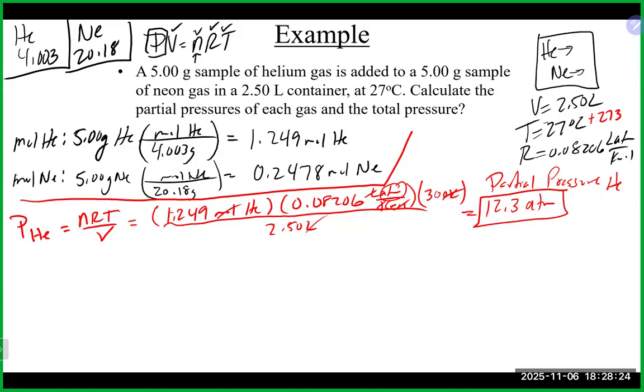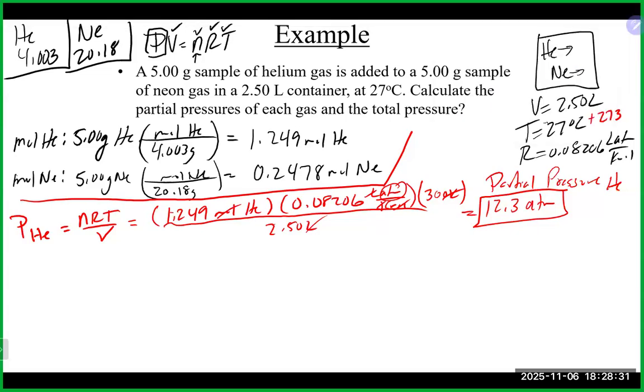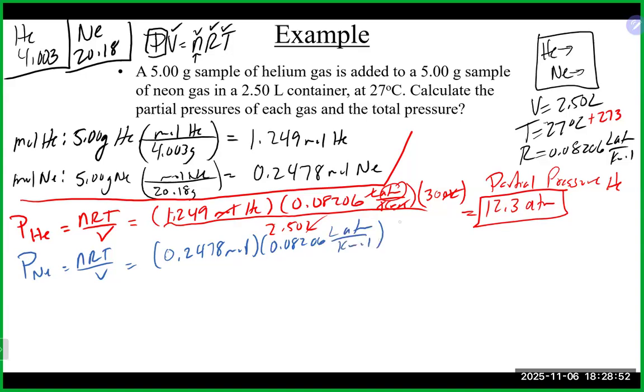Any questions on that calculation? We're pretty much just going to repeat that same calculation for our other gas. The only difference is going to be the moles. So the partial pressure of neon is also nRT over V. We'll be sure to use neon's moles, 0.2478, the 0.08206 gas constant, and 300 Kelvin, divided by 2.5 liters.